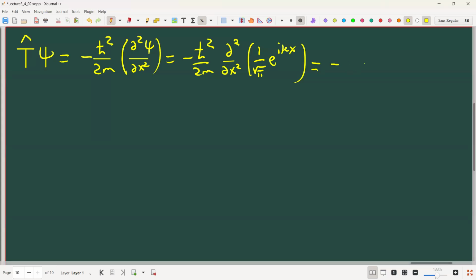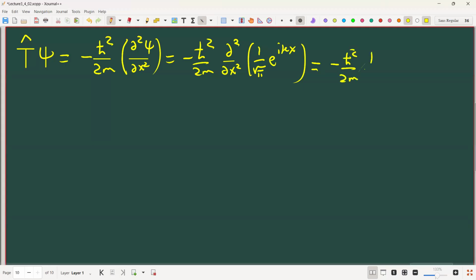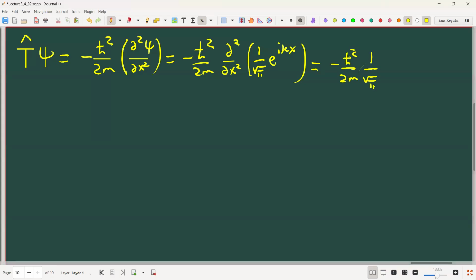So let's do a derivative. We have minus h bar squared over 2m. I'll put the 1 over square root of pi here, because we can factor out the derivative. And the second derivative of e to the ikx is minus k squared e to the ikx, because we get two factors of i down, that's minus 1, and two factors of k.